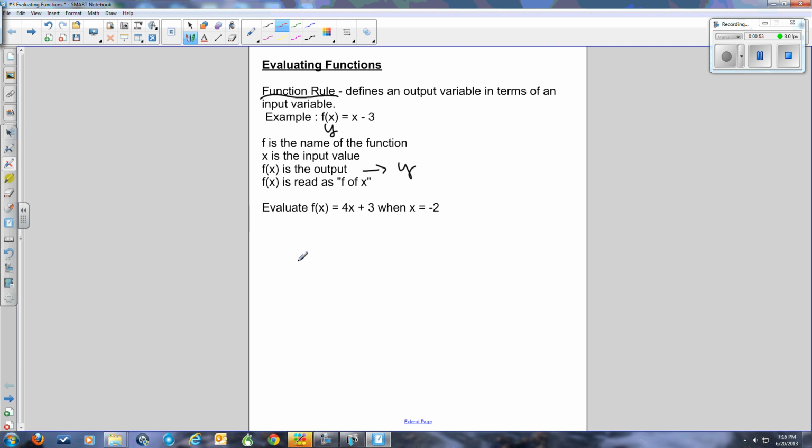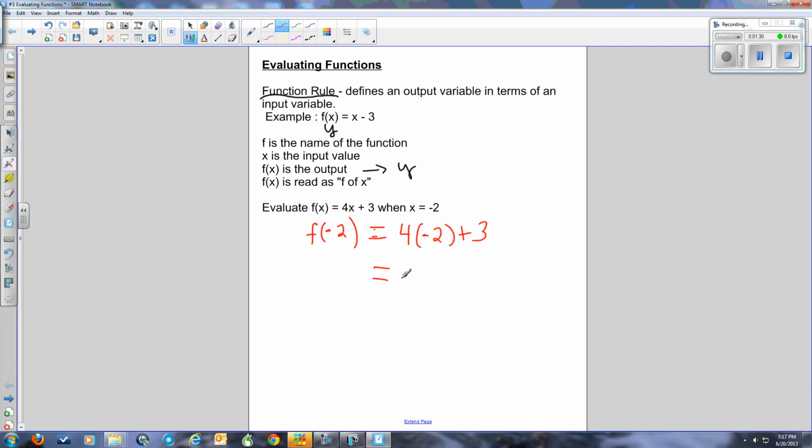Evaluate f of x equals 4x plus 3 when x equals negative 2. So what we're going to do is put negative 2 in place of x. You notice what I'm doing here is I'm just putting negative 2 in wherever I see an x in the original function.